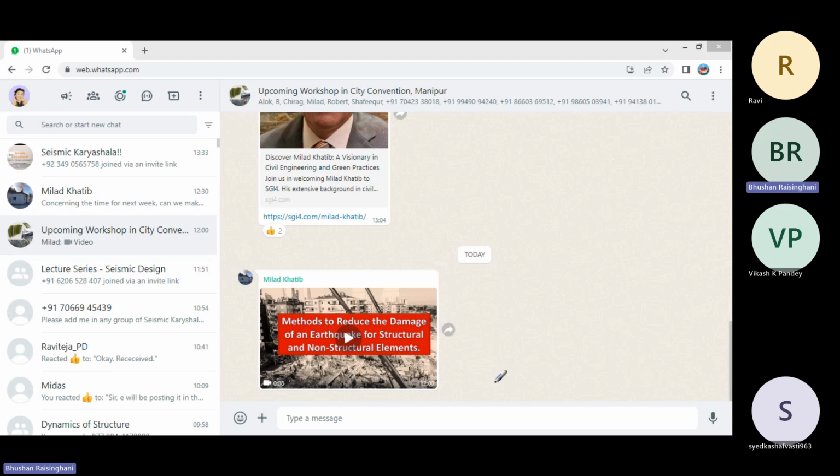That is the minimum requirement, and this is special ductile detailing.